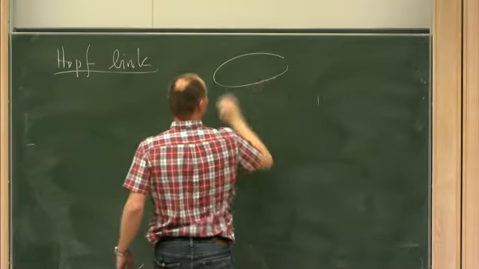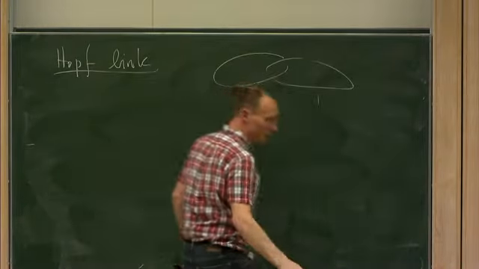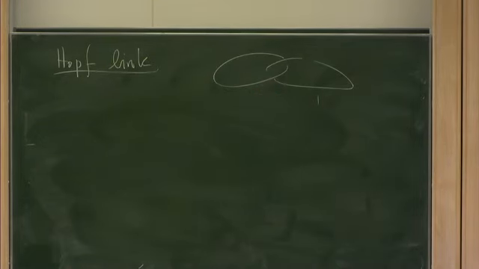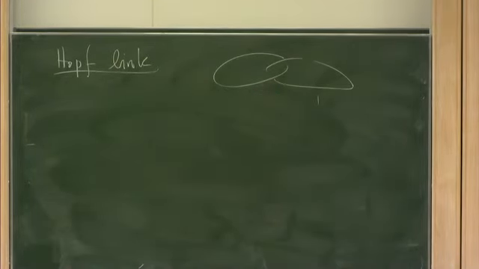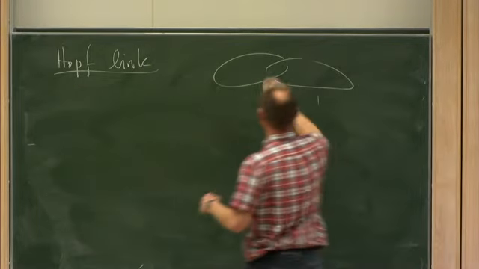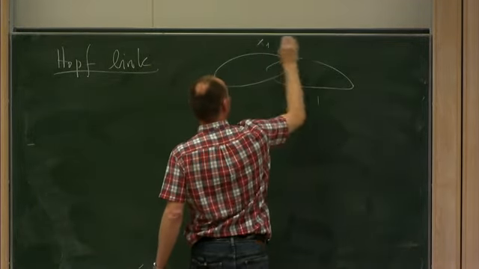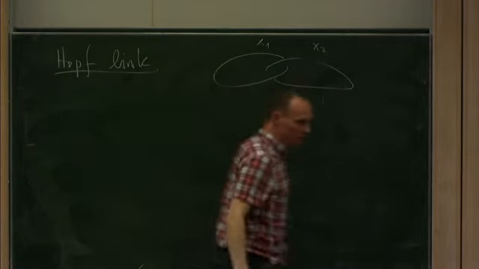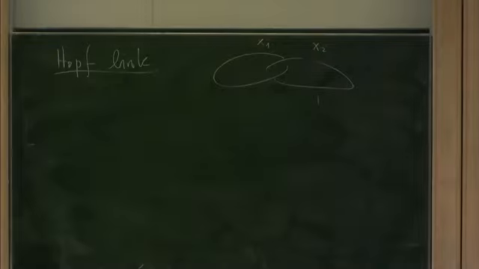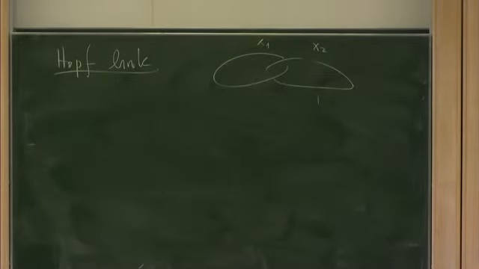So we just have this link, and then we first need to do the actual count. So here I take kind of this is x1 and this is x2, but for the meridian and longitude classes.